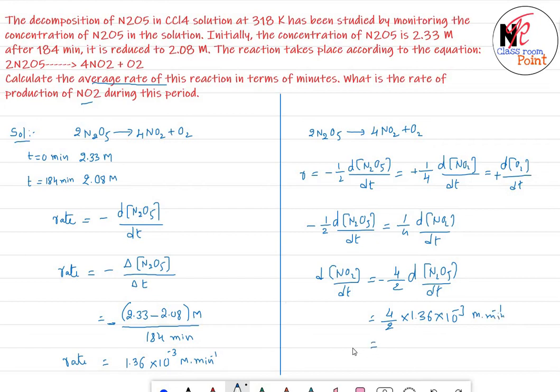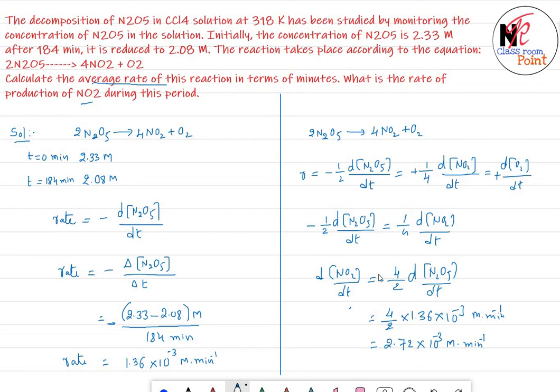Now let's solve this and we get the answer as 2.72 into 10 power minus 3 molarity per minute. This is the rate of production of NO2.